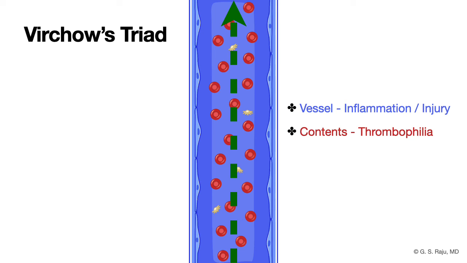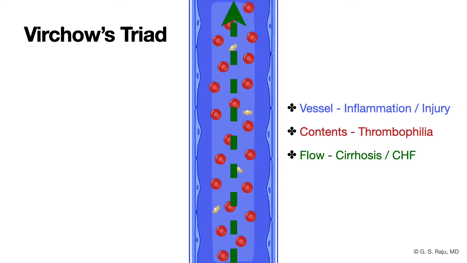factor V Leiden issues, prothrombin related issues, or deficiencies of anticoagulants like protein C, protein S, antithrombin.